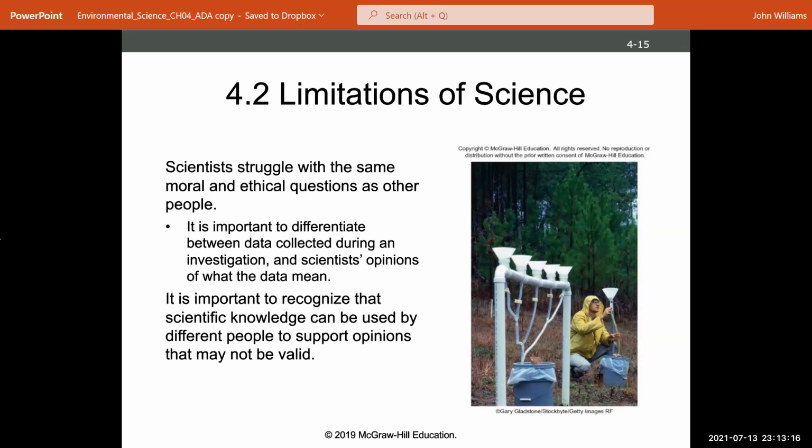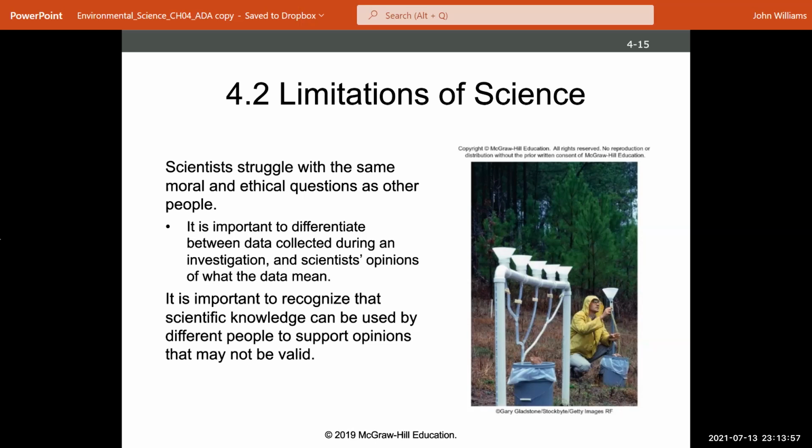Now, even though science has this rigorous setup in the scientific method, there are some limitations to science. Every scientist struggles with the same moral and ethical questions as regular citizens. One of the big things is that, as people who are reading and interpreting this work that's published by scientists, we need to be able to really differentiate between data collected during, say, an investigation or an observation, and the opinions of what this data mean.